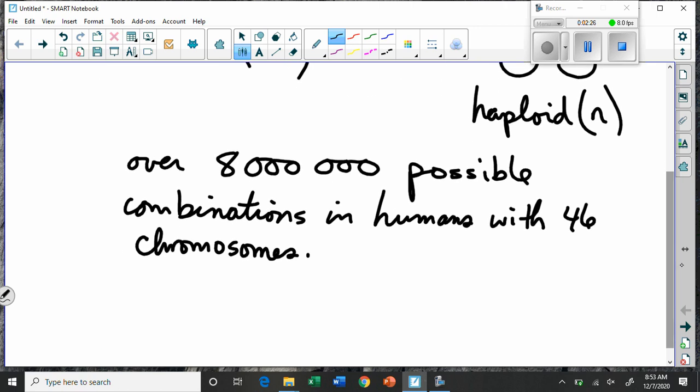Remember, human females only make about 400 or so eggs in total. And so out of the 8 million possible eggs, the chances that any 2 of those eggs would have the same genetic arrangement is pretty much non-existent. It's a very small percentage. And even though males make millions of sperm, it's quite likely that in their lifetime, males are making many different sperm that do have a similar or the same genetic combination, but only one of those millions of sperm gets to the egg.